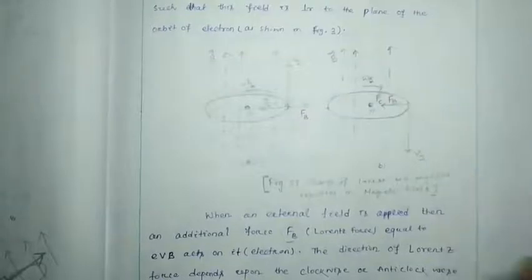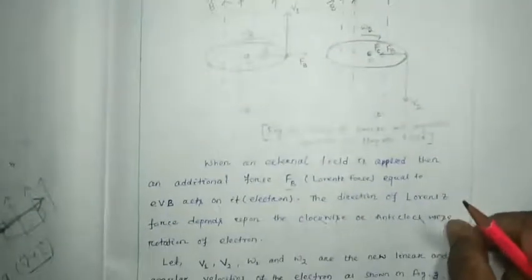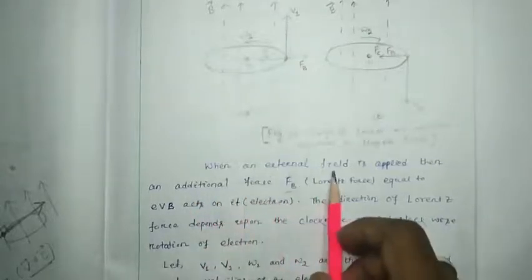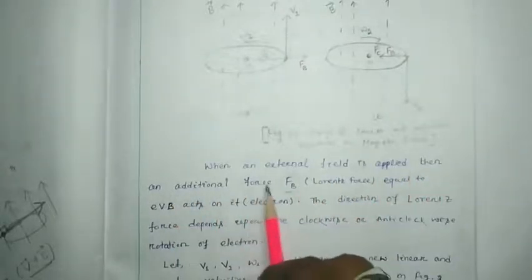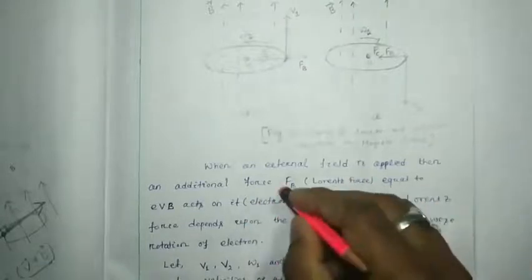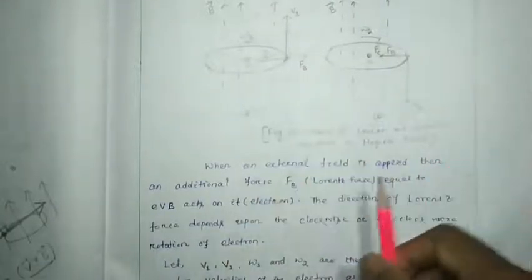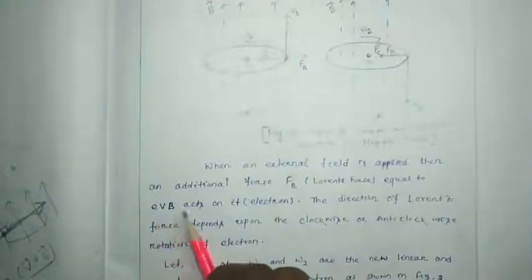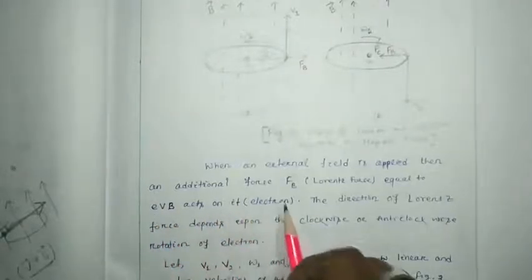So the same thing has been written in this page, you just watch it. I am going to read. When an external field is applied, then an additional force, that is FB, also called the Lorentz force, equal to eVB, acts on it. It means on the electron.